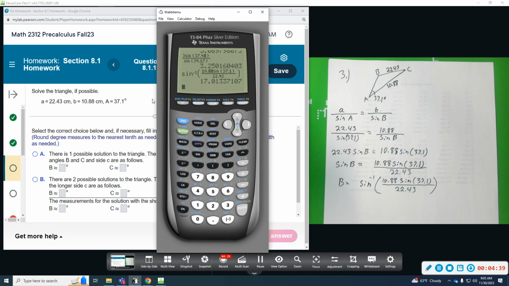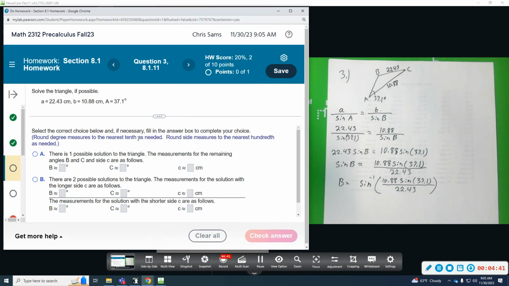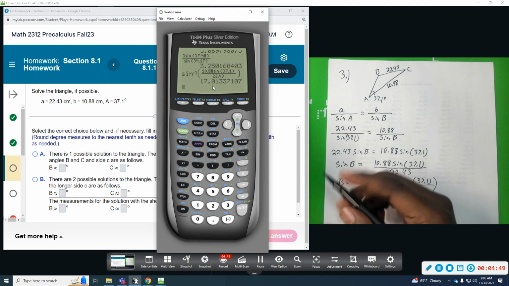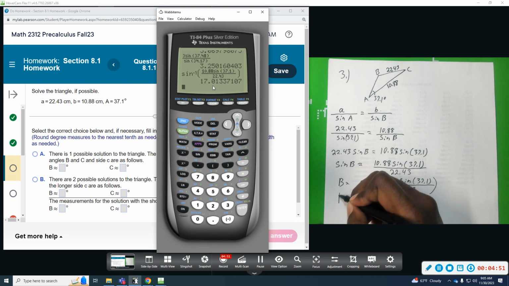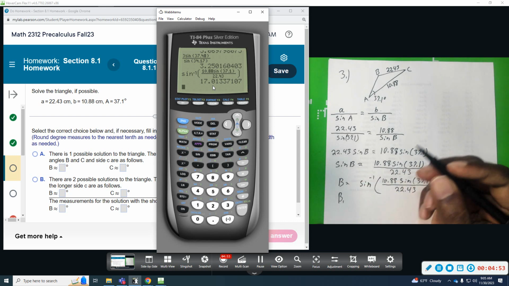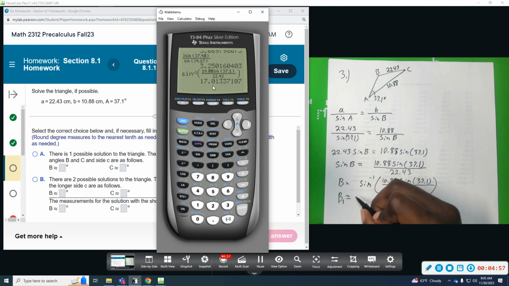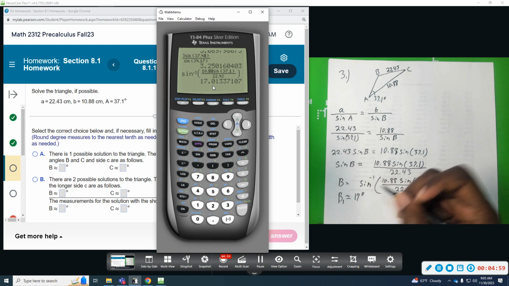Gives us 17 degrees to the nearest tenth. I think that'll stay 17. So we'll call B1 roughly 17 degrees.